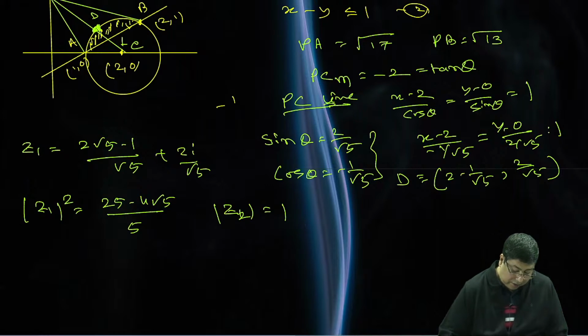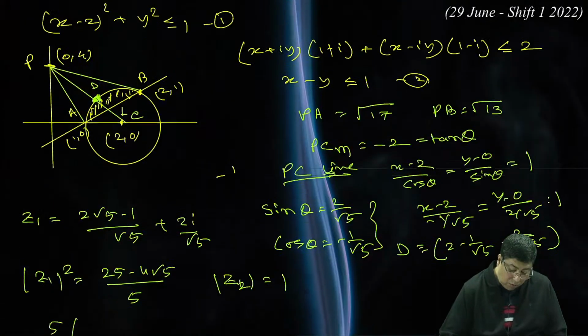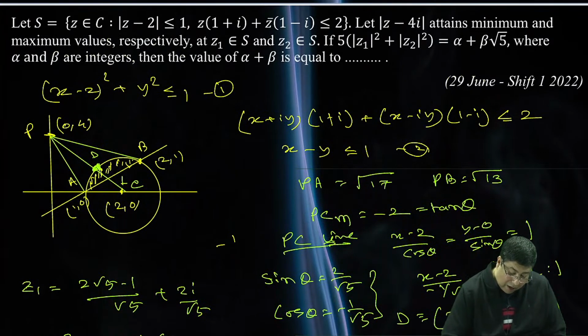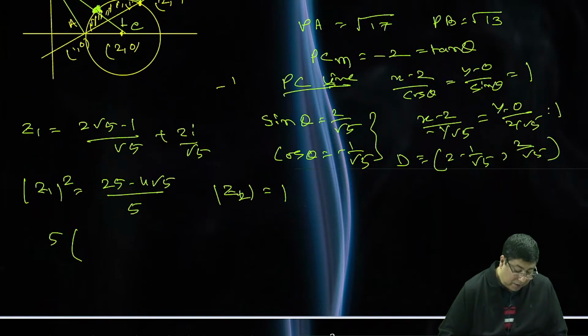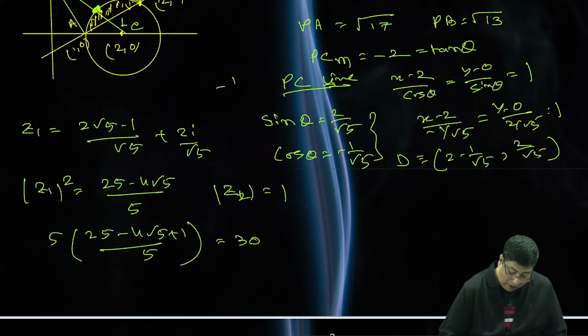Therefore, we can write 5 into mod of Z1 square plus mod of Z2 square equal to alpha plus beta root 5. So alpha plus beta root 5 is 25 minus 4 root 5 plus 1 by 5, which comes to 30 minus 20 root 5 equal to alpha plus root 5 beta.